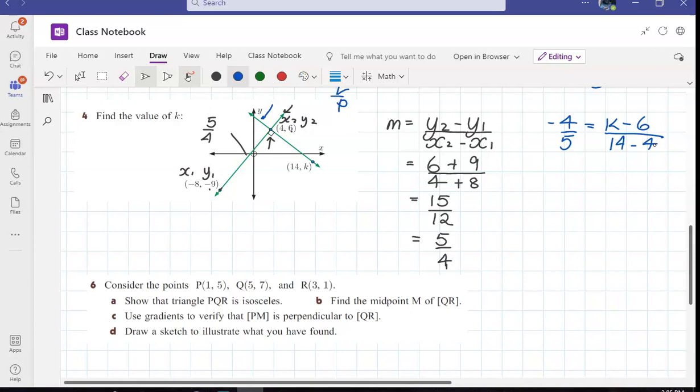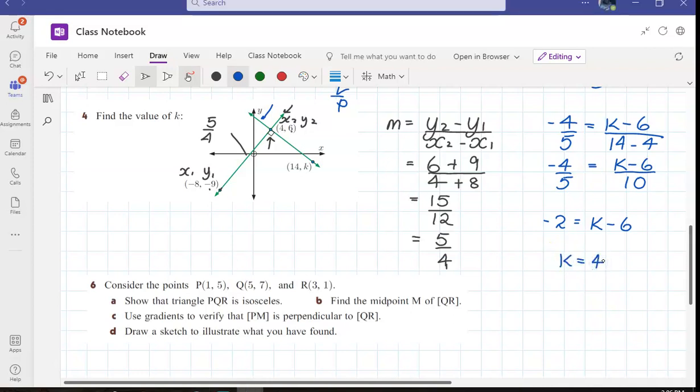Can you now solve that, people? I hope so. We'll end up with the same answer that I get, hopefully, as k is 4.